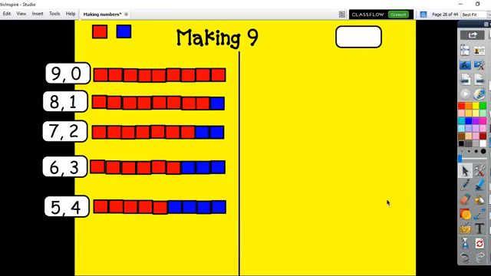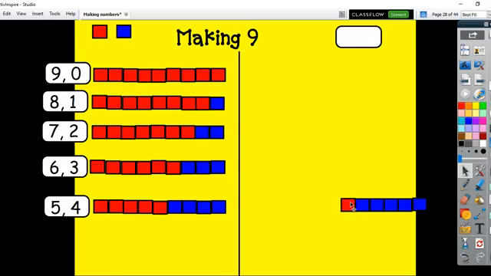So now I'm going to actually scoot over here and I'm going to show you the opposite of this, which would be, okay, I'm going to bring in 5 blue this time. So I'm going to put 5 blue down. So 1, 2, 3, 4, 5. And so then I know if I have 5, I'm going to have 4 red.